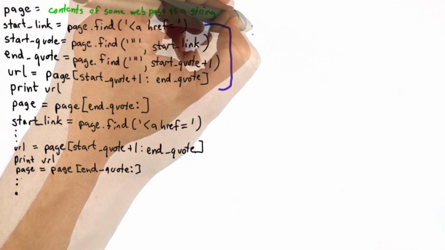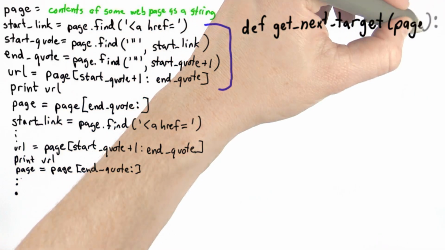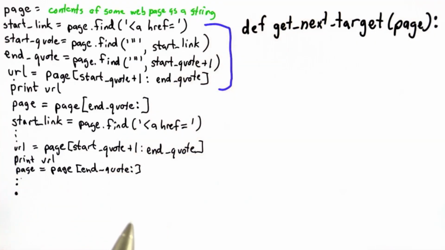We defined a procedure, getNextTarget, that takes the page as an input, and essentially had exactly the code we had here, except for at the end, it would return both the URL and the value of end quote.